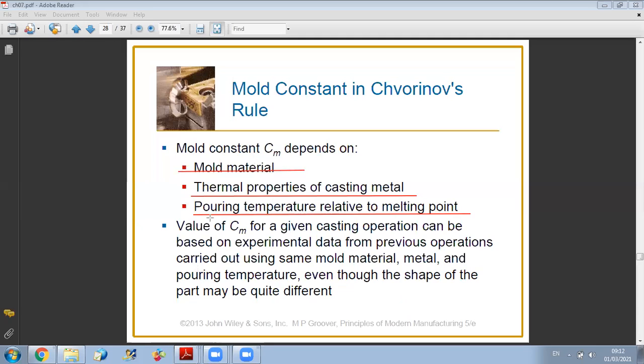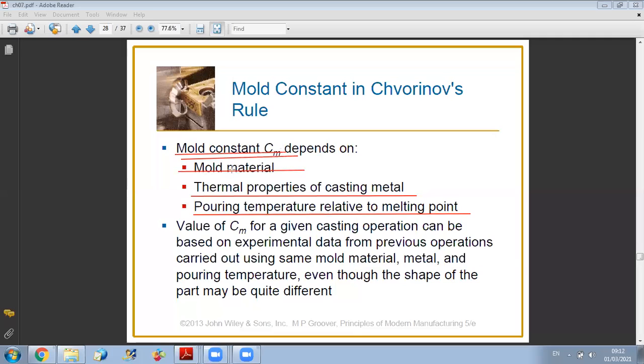So look, in order to have same mold constant, we should satisfy the following condition. We should deal with the same mold material, same casting metal, and same pouring temperature. If these three are equal, then even if you change the geometry of your pattern, Cm will remain the same, because Cm is independent of the geometry of your pattern.